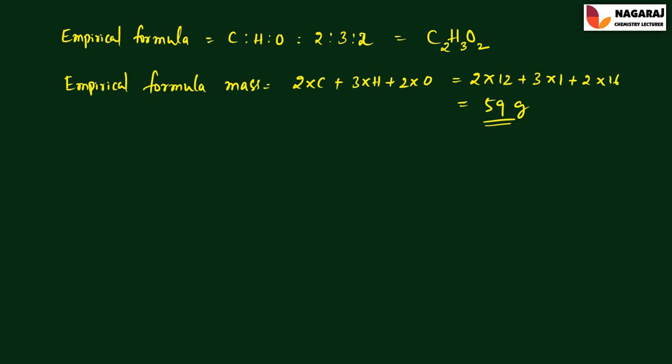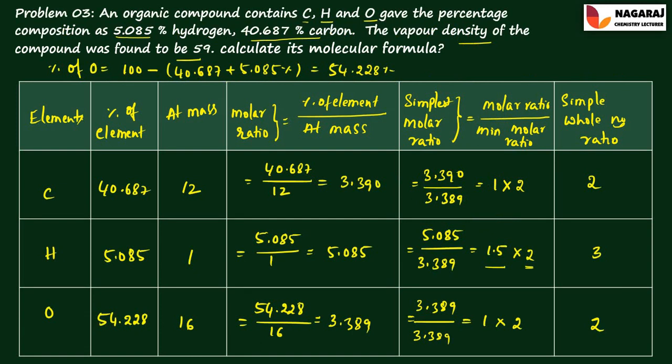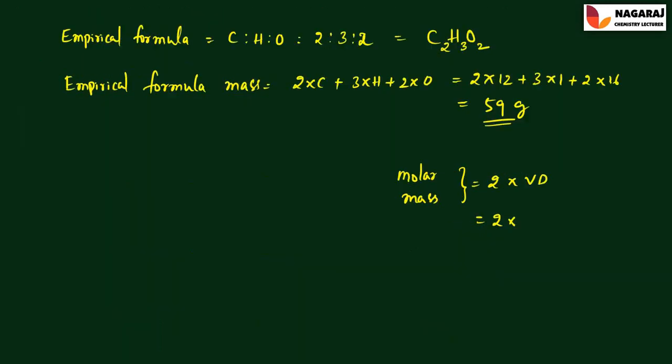And then we have to calculate the molar mass. Molar mass is always equal to 2 into vapor density. The vapor density of the compound is 59, so the molar mass is 2 into 59, which is equal to 118.